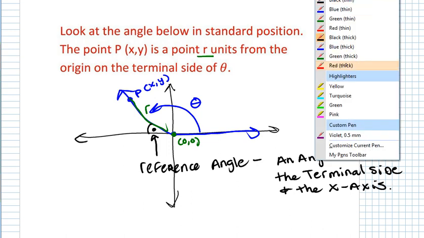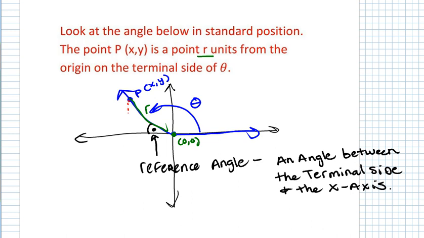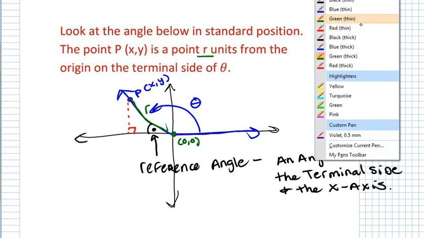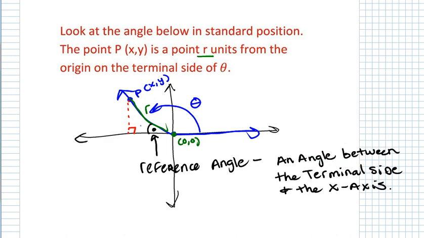Now, based upon that reference angle, we can actually make a right triangle by dropping an altitude here. What that does is create some values for us. For example, from here to there, that is the value of whatever x would be for a point P. And from here to here, that would be the y value.